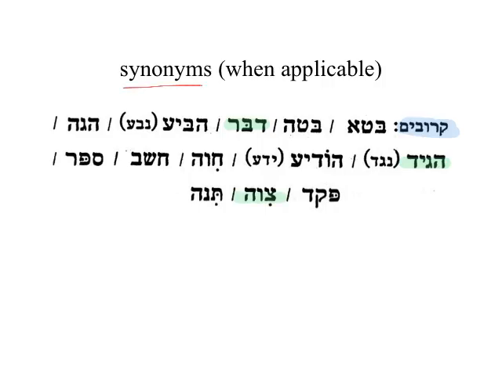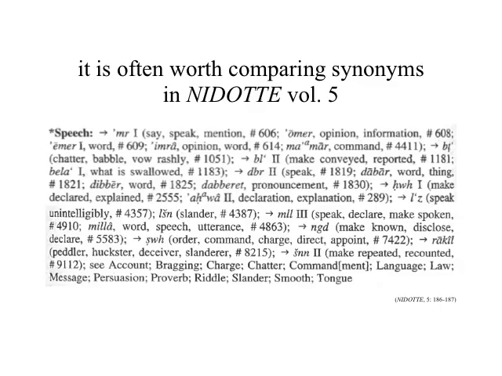The use of synonyms can be very helpful when trying to determine why use this word, not another word. And that's true both of prose, but especially of poetry. Of course, for something serious, it's worthwhile to compare the synonym list in the New International Dictionary of Old Testament Theology and Exegesis.